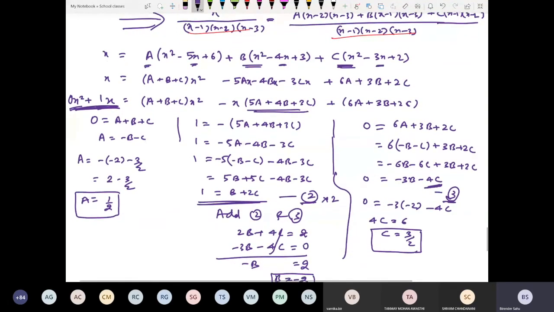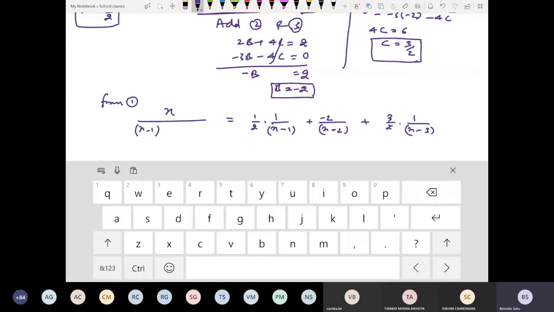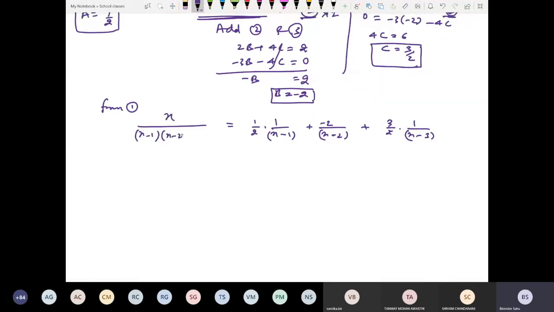So this is the expression x over (x minus 1)(x minus 2)(x minus 3). What we do is just integrate both sides. If I integrate this, what will happen? Half will come outside, integration of 1 over x minus 1 dx.